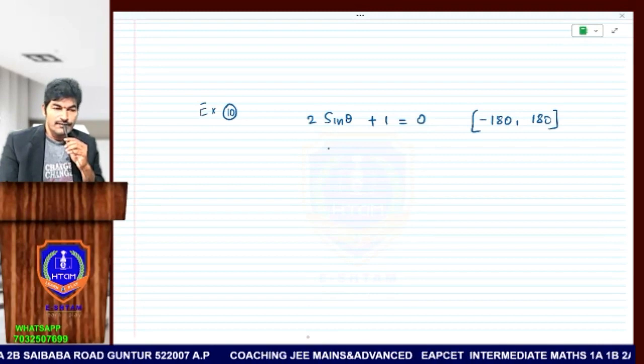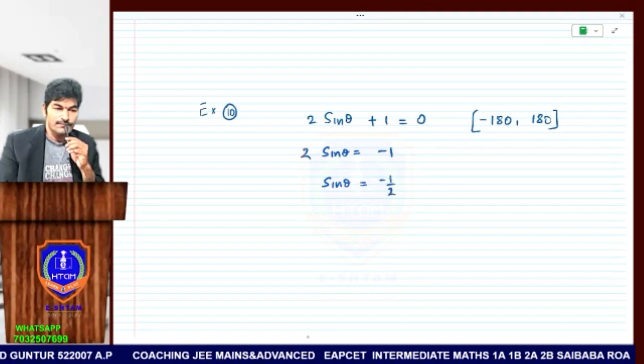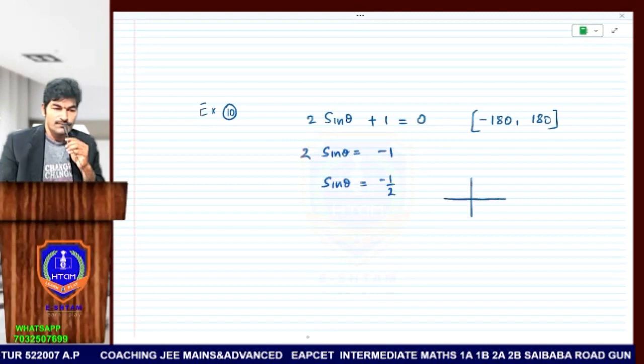From this given equation, you can write 2 sine theta equal to minus 1 as a first step, and sine theta equal to minus 1 by 2 as second step. Actually, this belongs to either the third quadrant or the fourth quadrant.